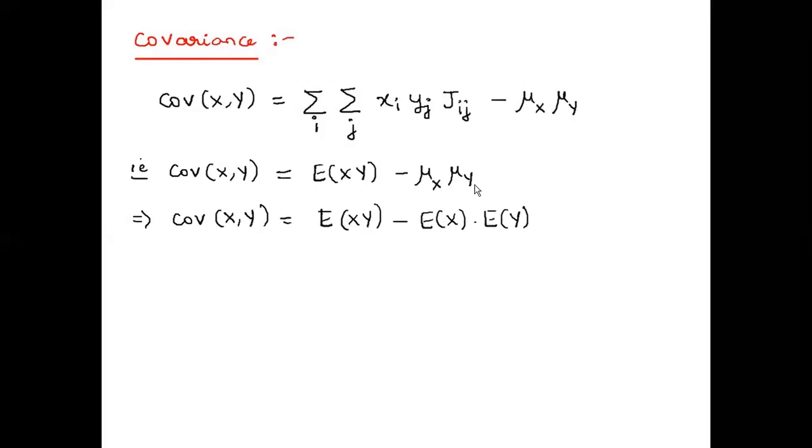Alternately, since mu x is the mean with respect to x and mu y is the mean with respect to y, it can also be written as E of x into E of y. So covariance of x comma y is E of xy minus E of x into E of y.